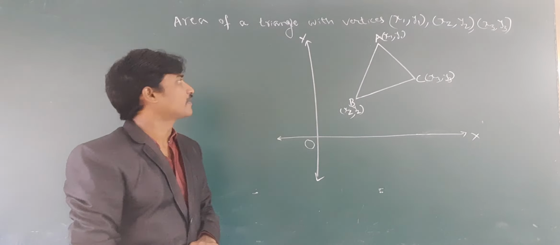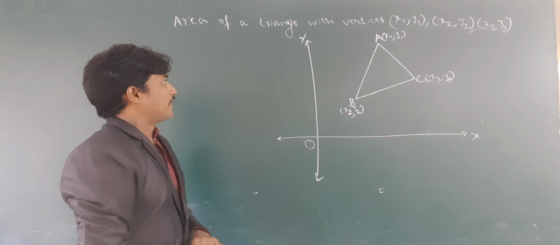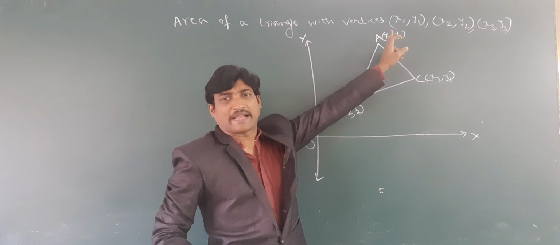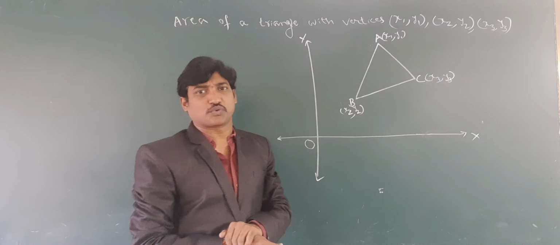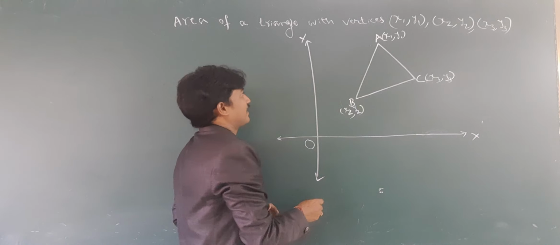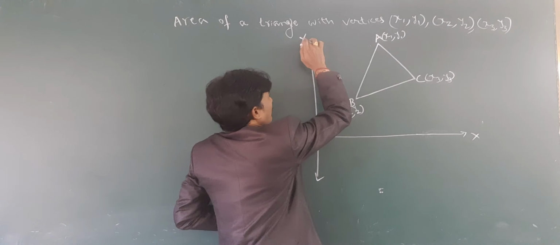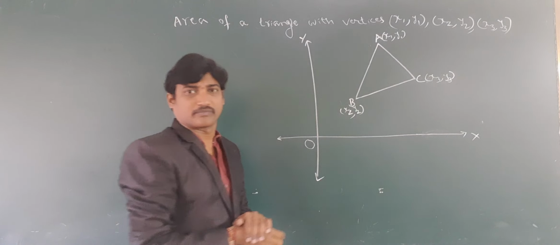We know that for the point (x1, y1), the x-coordinate is x1, which is nothing but the distance from the y-axis to the point.